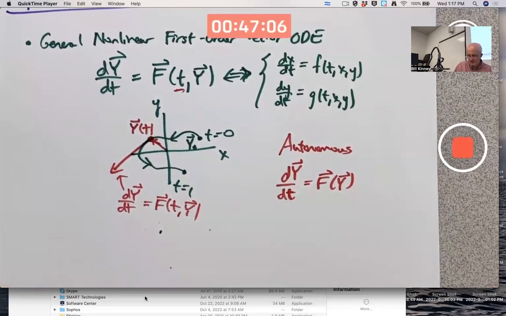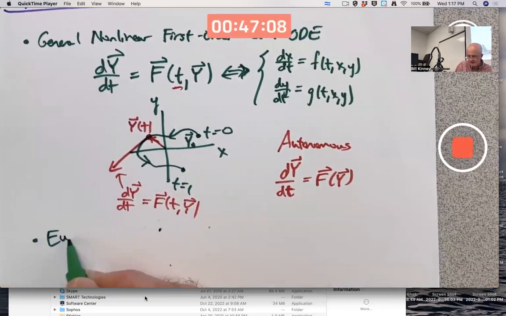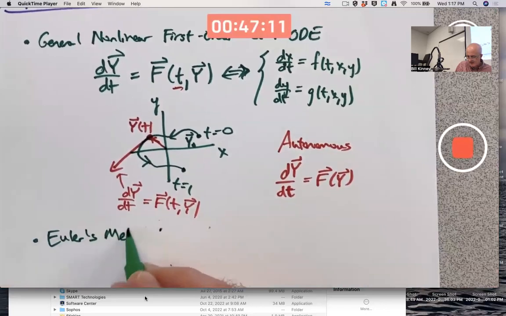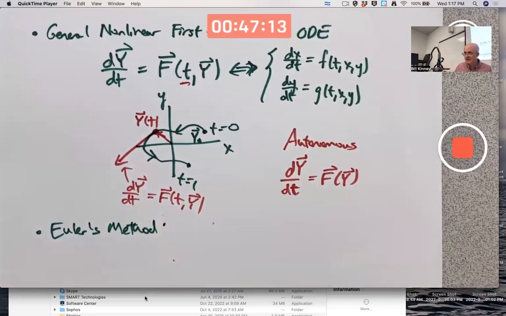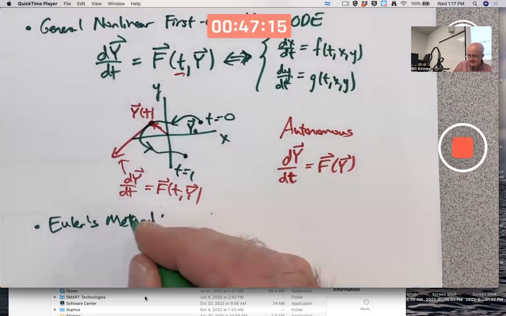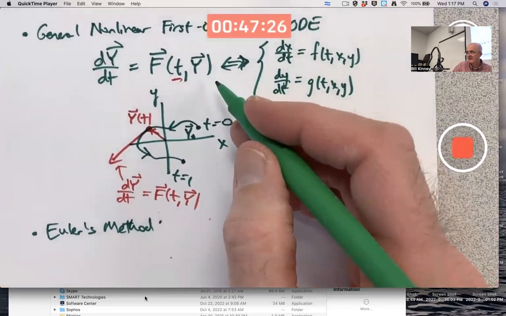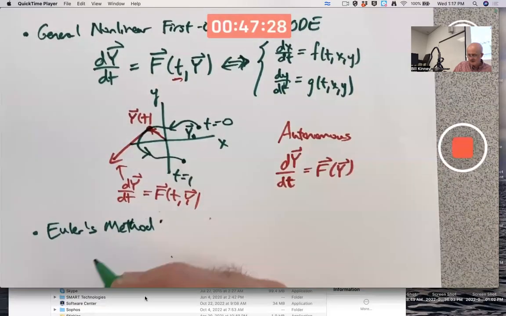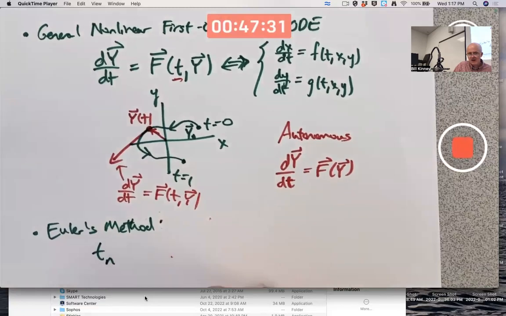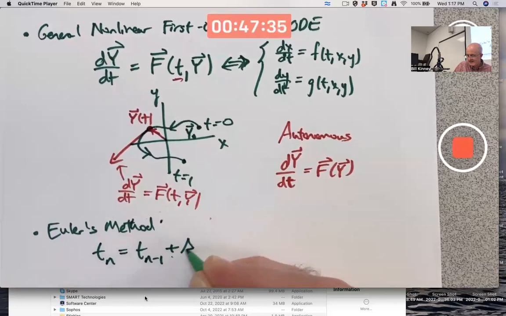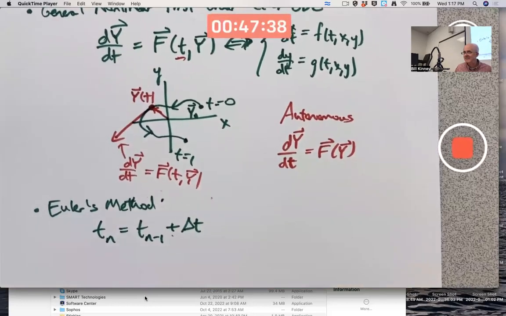And then we also have Euler's method, which I haven't emphasized here in our class, but is in the lectures and in the book, and you had homework on it, so you should be able to do it. In general, you should be able to handle Euler's method, even if it's non-autonomous. The next value of t, call it Tn, is the previous value of t, Tn minus 1, plus delta t, your step size.